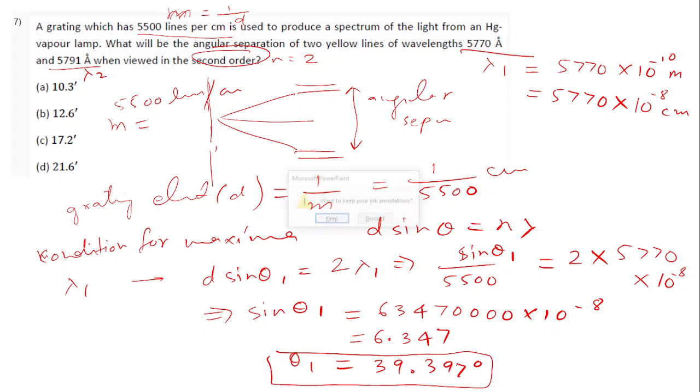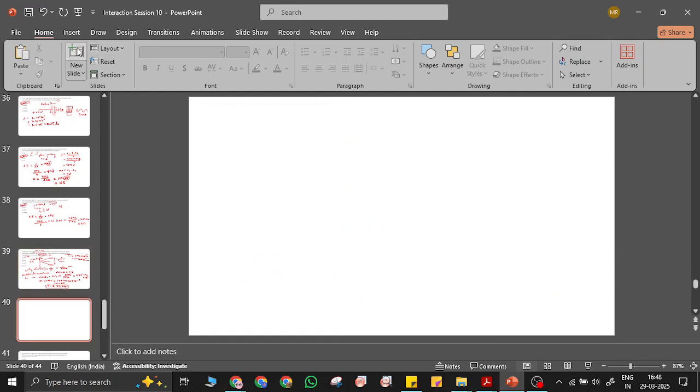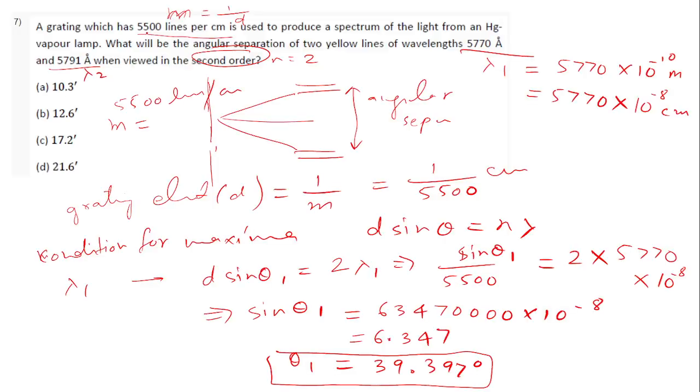Now for the second wavelength. So for lambda 2, which is 5791 angstrom, again we'll use d sine theta 2 is equal to n lambda 2.